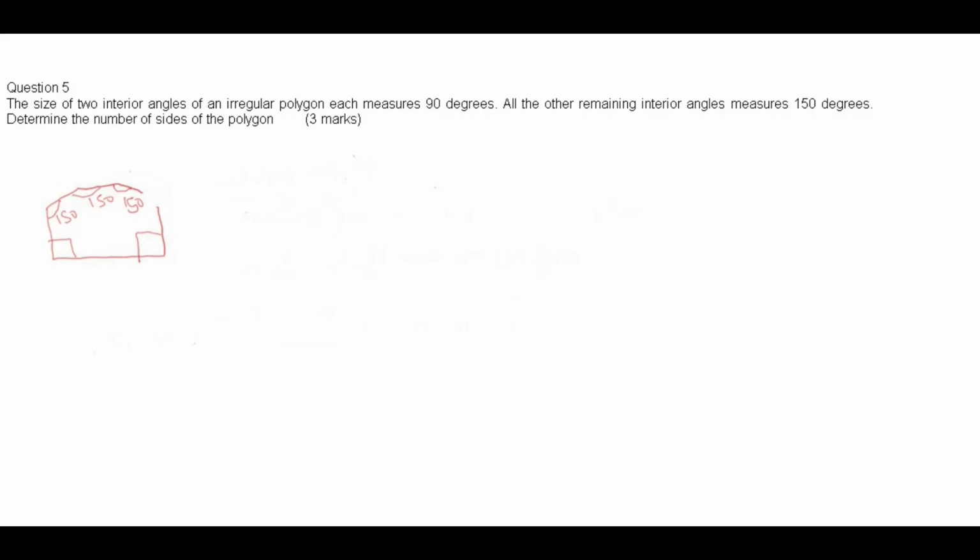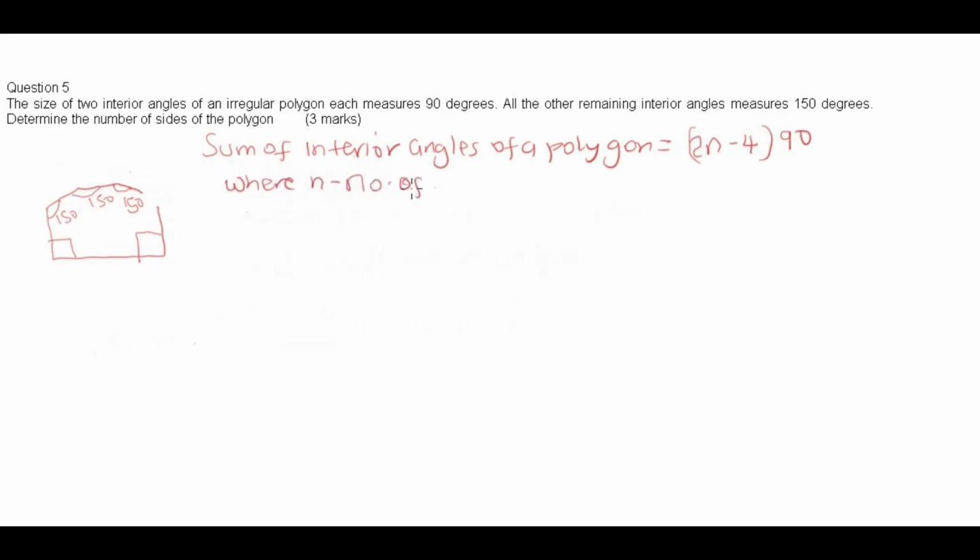So what you know is the sum of interior angles of a polygon is given by (2n minus 4) times 90, where n is the number of sides of the polygon.